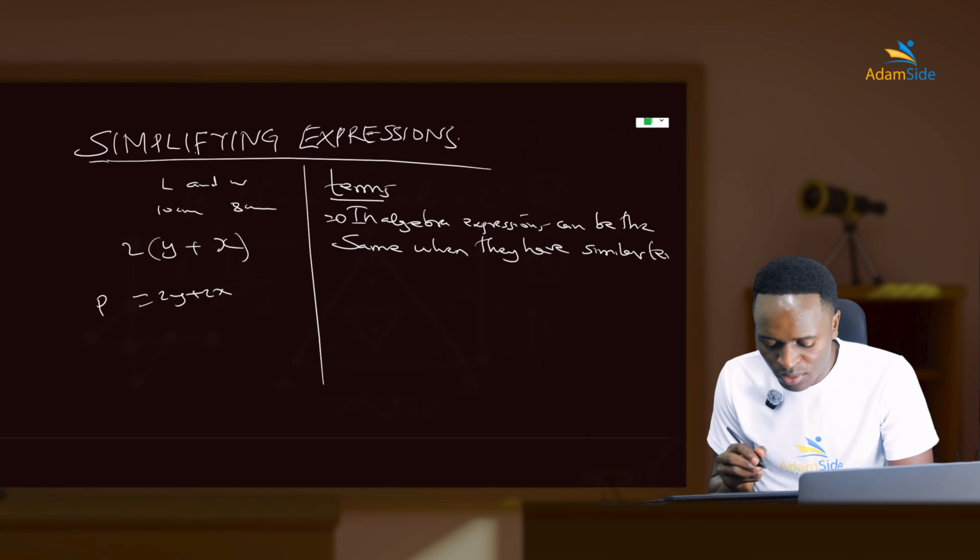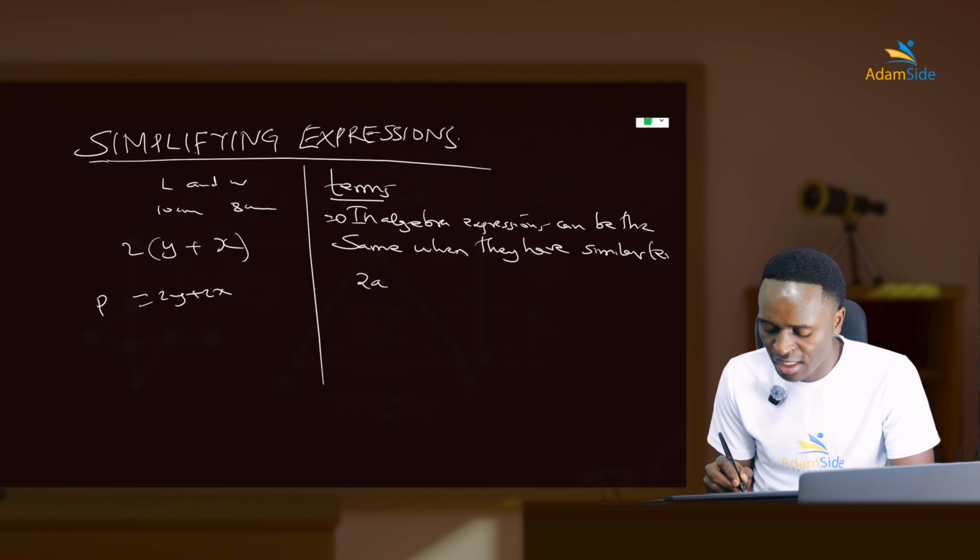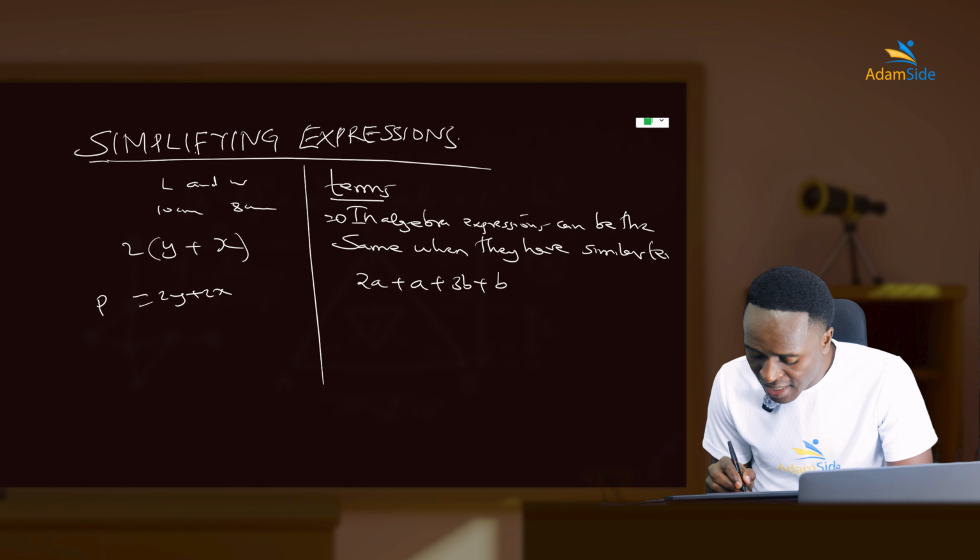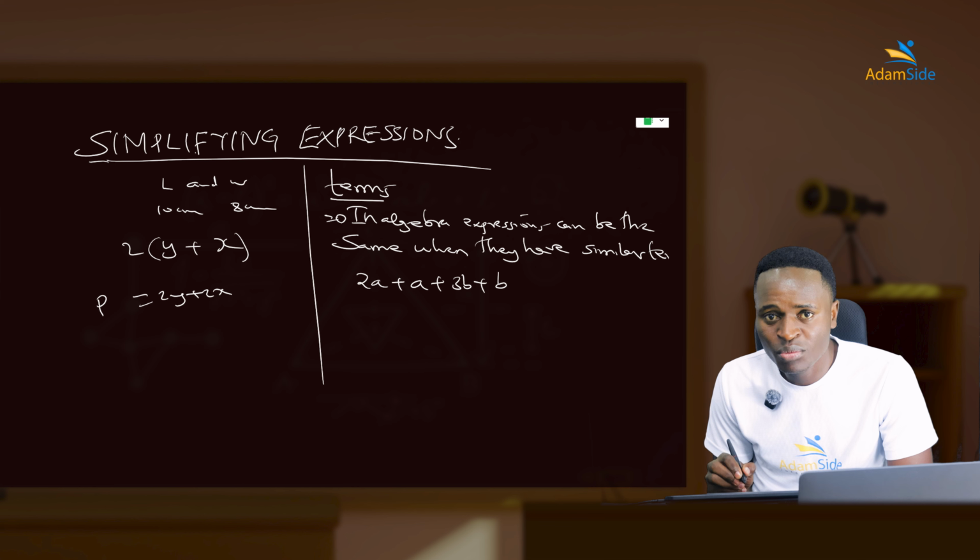For example, 2a plus 3b plus maybe b. We can say 2a and a are similar because they both have a in them, but they have different coefficients. You can easily add when they have the same variable.